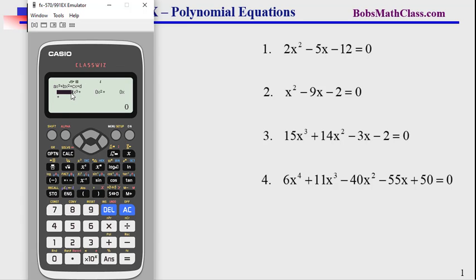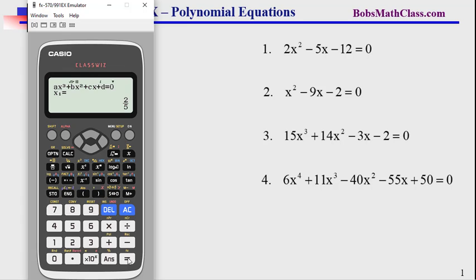So now it's ready for the x cubed term. So that would be 15, equals, 14, equals, negative 3. You could hit either minus or negative. And minus 2. Okay, then hit equals one more time.